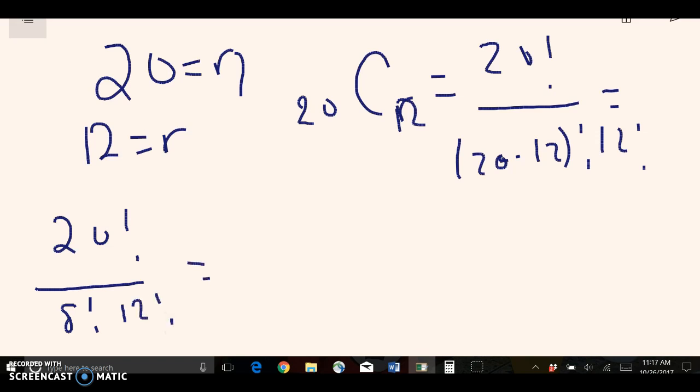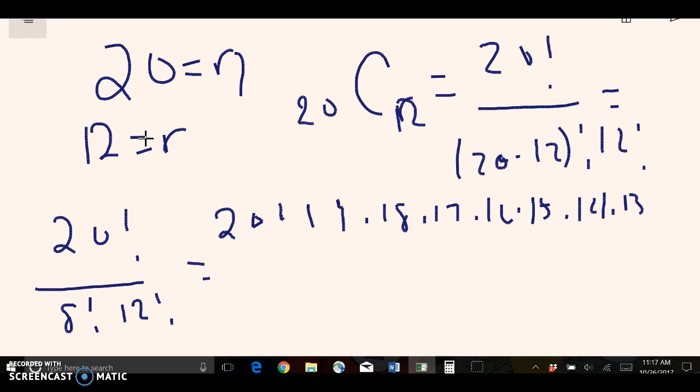If I wrote it out, I have 20 factorial: 20 times 19 times 18 times 17 times 16 times 15 times 14 times 13 times, and I'm going to stop at 12 factorial because I have a 12 factorial down here.